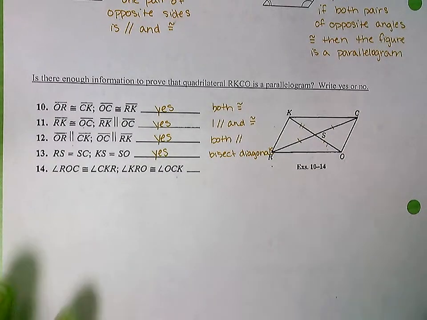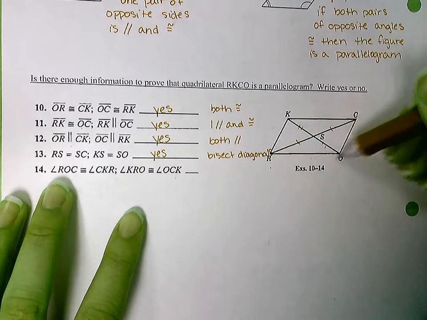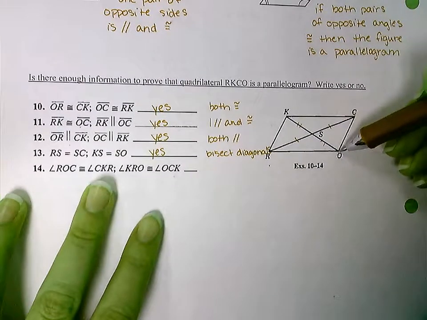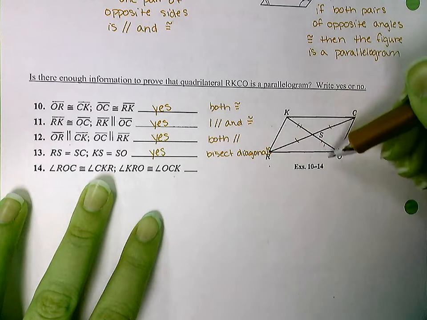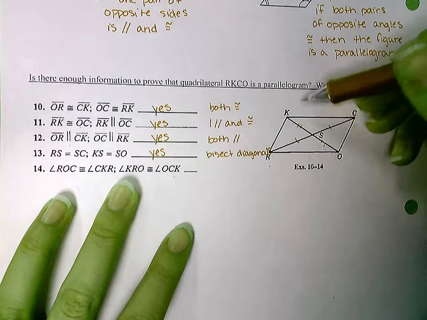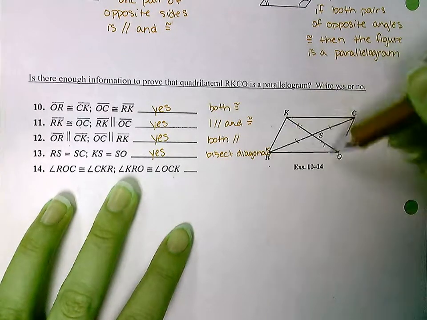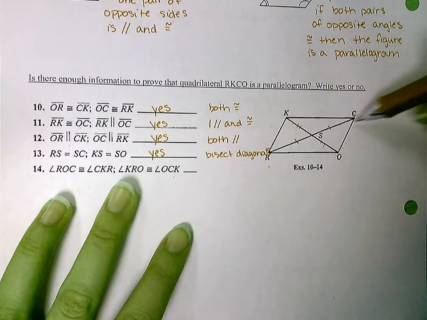Okay, and then the last one, I have angle ROC, so this angle here is congruent to angle CKR, so the angle across, so I have opposite angles congruent. And then I also have KRO, this one, congruent to OCK, this one.